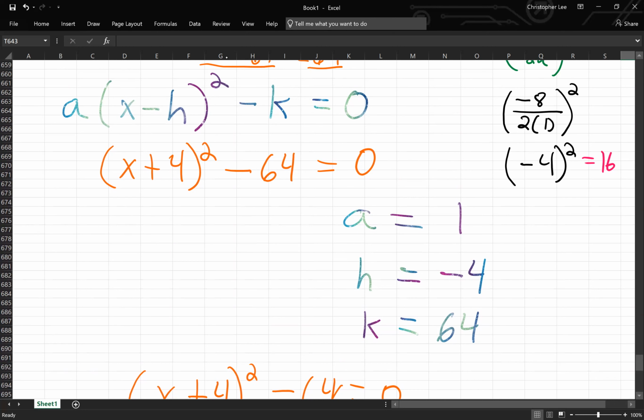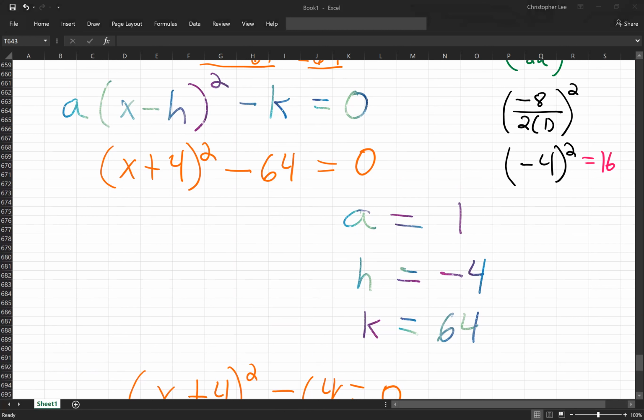How many formulas are there? For quadratics, just one: the quadratic formula. Negative b plus or minus, yeah, that thing. We're going to get to that, like tomorrow, unless we finish this, then we could try it out. Standard form is ax squared plus bx plus c. I'm going to get to that too.